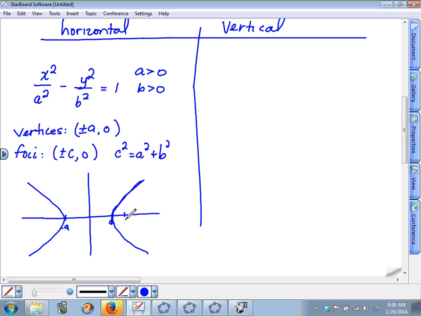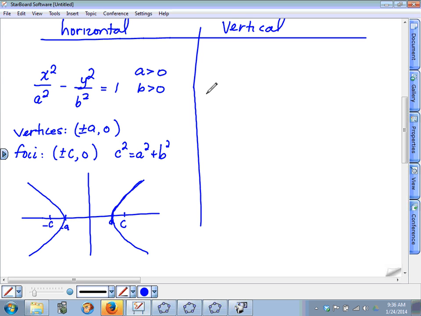The foci are located inside each curve, so we'll call that c, and we'll call that negative c. Those are the two foci. It's just a rough sketch. We're going to learn how to sketch these more accurately in a second, but this is what a horizontal hyperbola would look like.